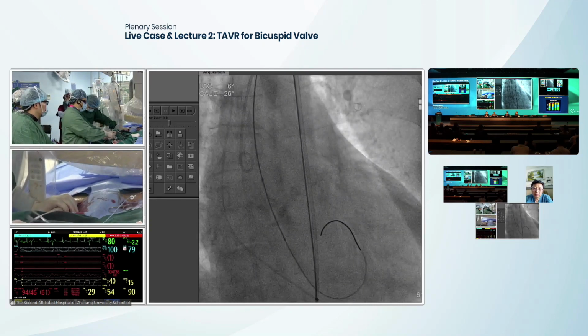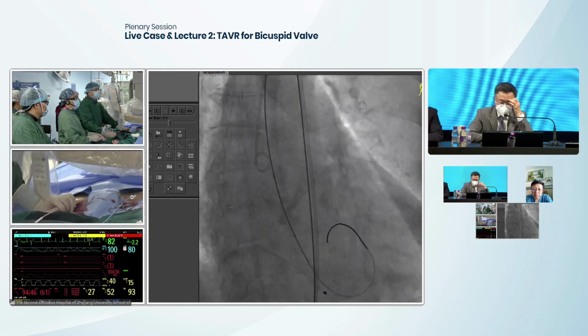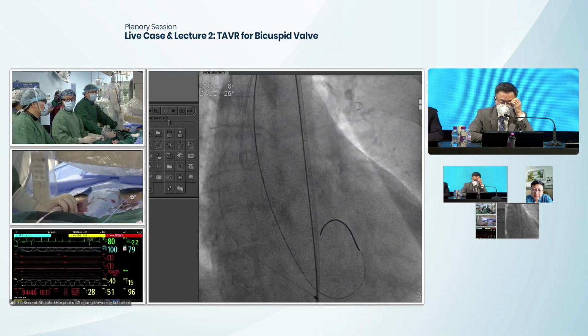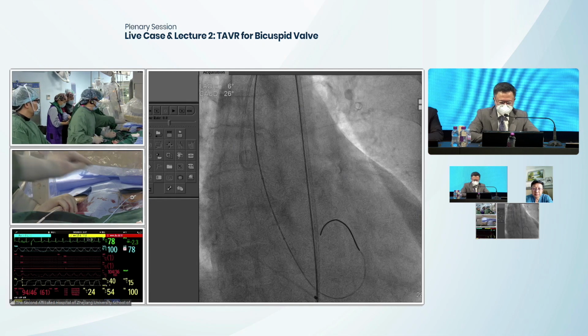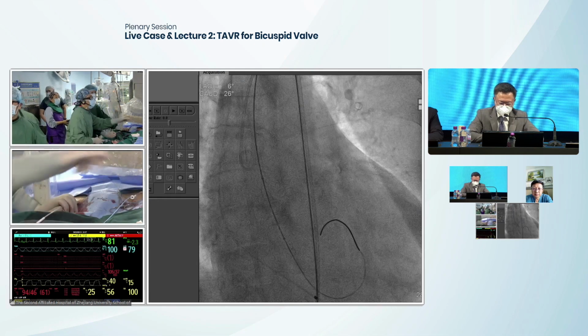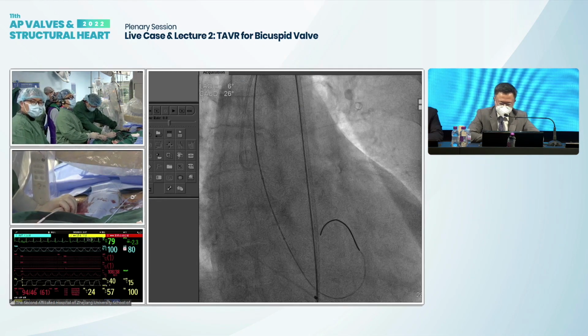So, this is a 23 millimeter balloon? Yes, 23. Now we use the single balloon size strategy to do the valvotomy. We just select a balloon size close to the annulus, and do the valvotomy just one time.